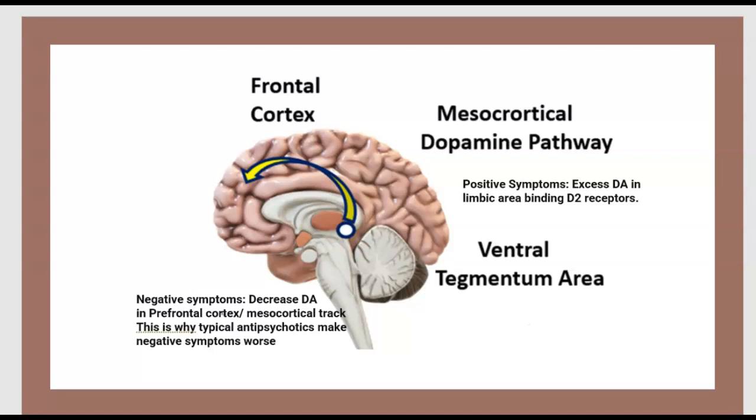Positive symptoms: excess dopamine in the limbic area binding to D2 receptors. Negative symptoms: decreased dopamine in the prefrontal cortex, mesocortical tract. This is why typical antipsychotics make negative symptoms worse.